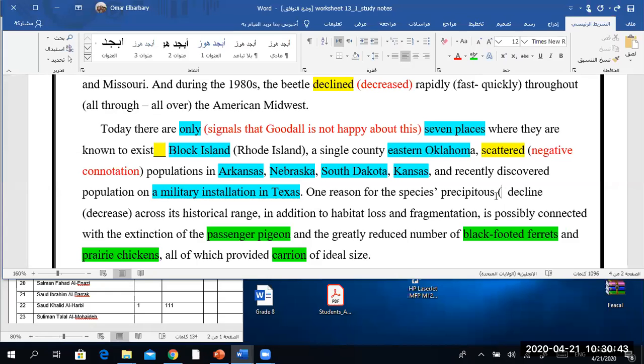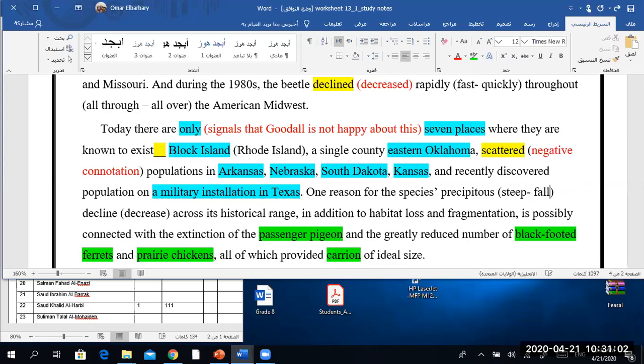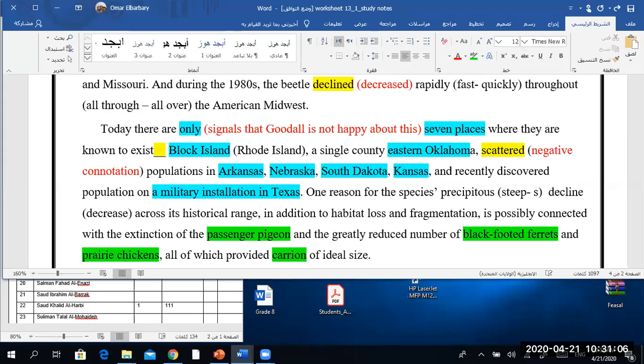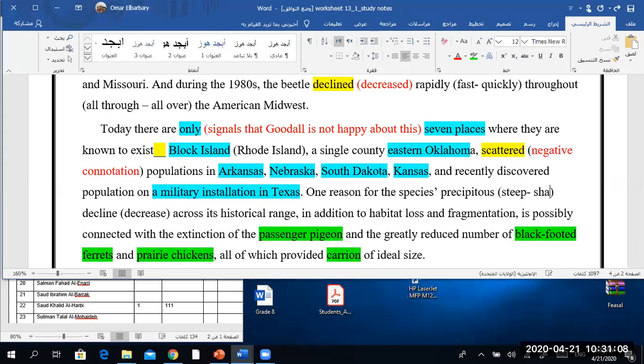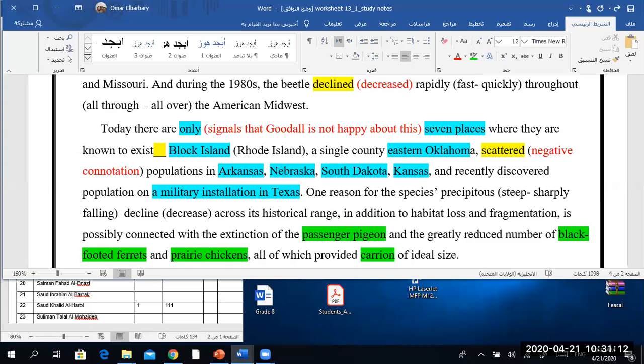Like hard or quickly. Very good. Hard is actually a good word, because normally when we describe a slope as being precipitous, it means steep. And when steep, it falls, or sharply falling down.